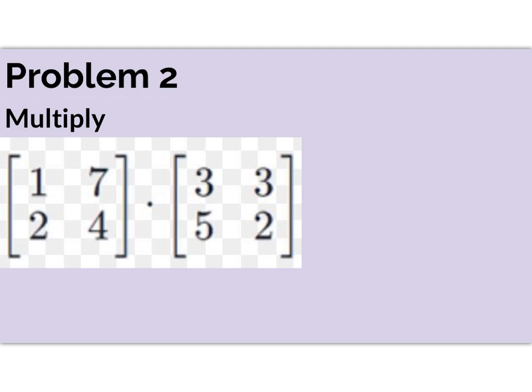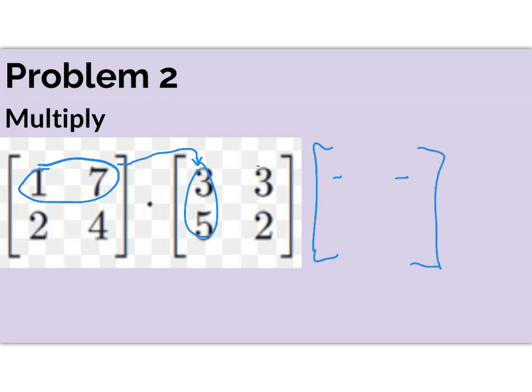So again, this row will go with this column to make this one. Then the first row with the second column will make the top right, and the second row with the first column will make the bottom left, and the second row with the second column will make the bottom right.